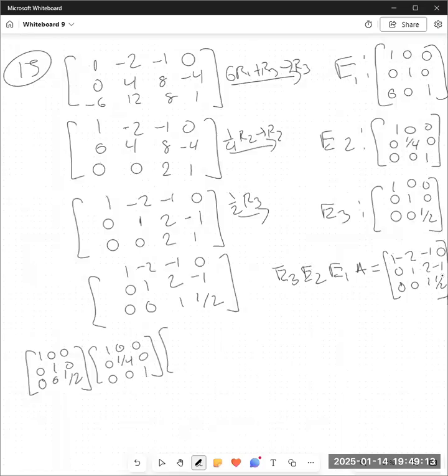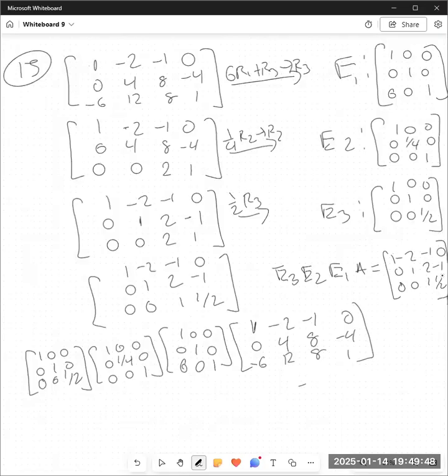And my E1 was 1, 0, 0, 0, 1, 0, 6, 0, 1. And that gets multiplied times my original 1, -2, -1, 0, 0, 4, 8, -4, and -6, 12, 8, 1.